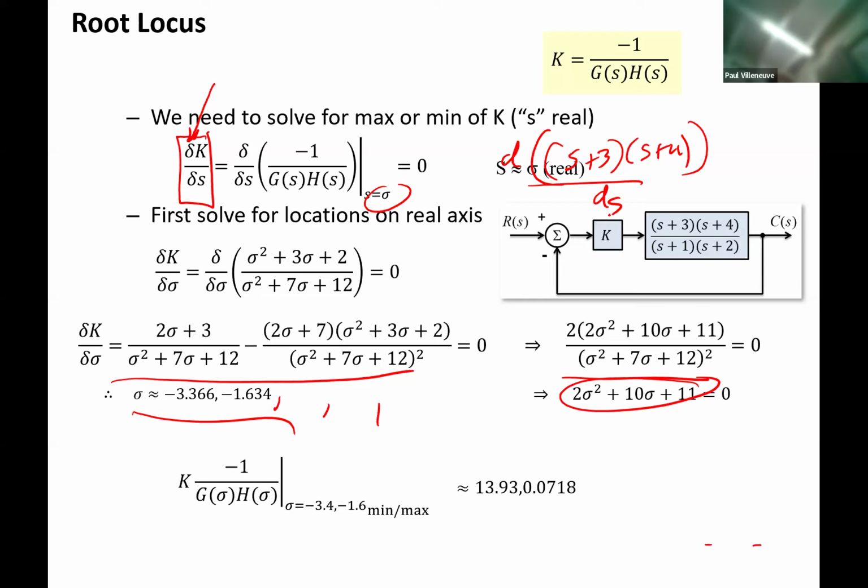You can do it symbolically if you want to, to be able to set it up on your calculator. It's not a difficult derivative, but if you want to check your work, that would be fine.